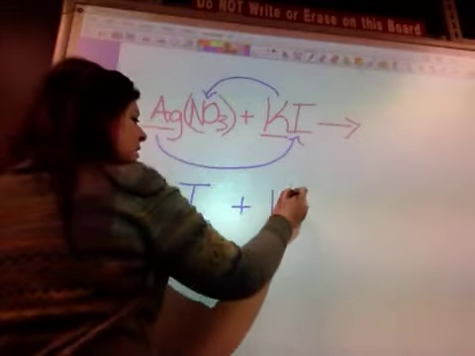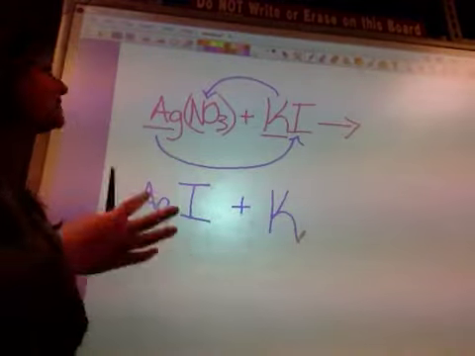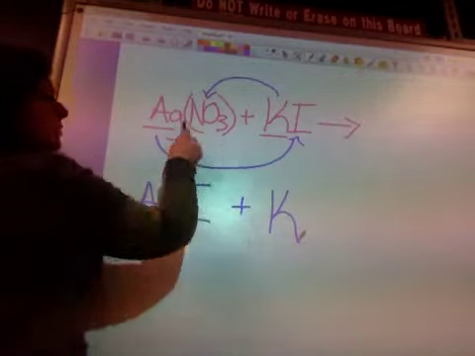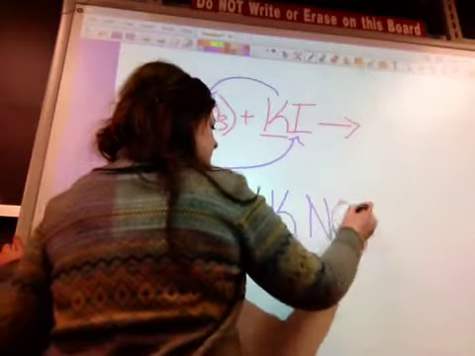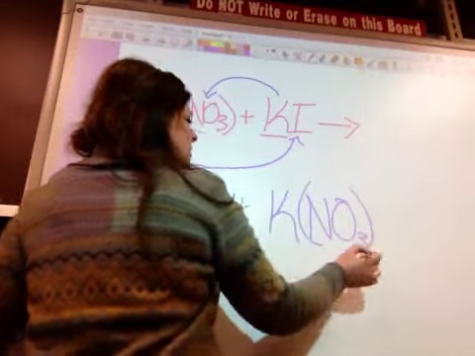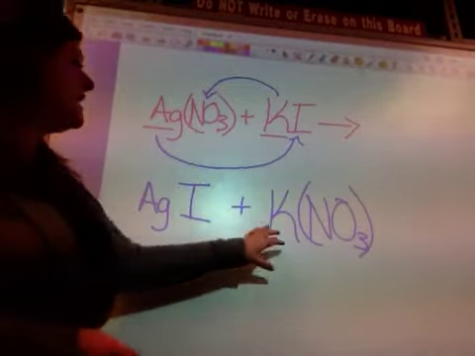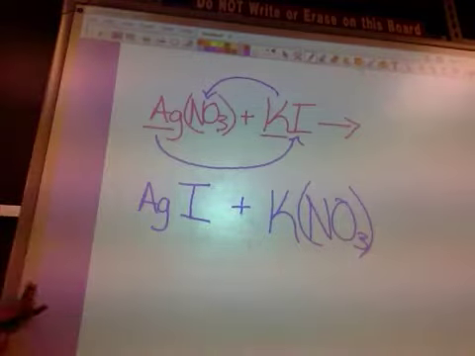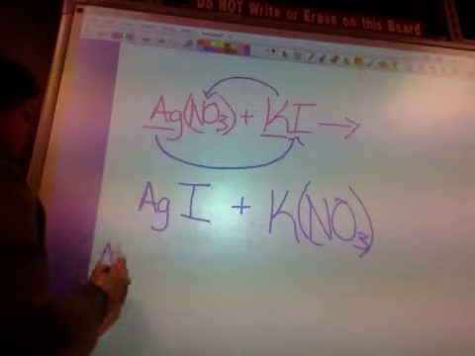So potassium has to go first because it's the metal and it's the cation. The cation always goes first. And then NO3 is nitrate, so that's my anion, and it's going to go next. Okay, well now I have to balance with charges. So potassium has a +1 charge, nitrate has a -1 charge, so that looks good the way that it is.